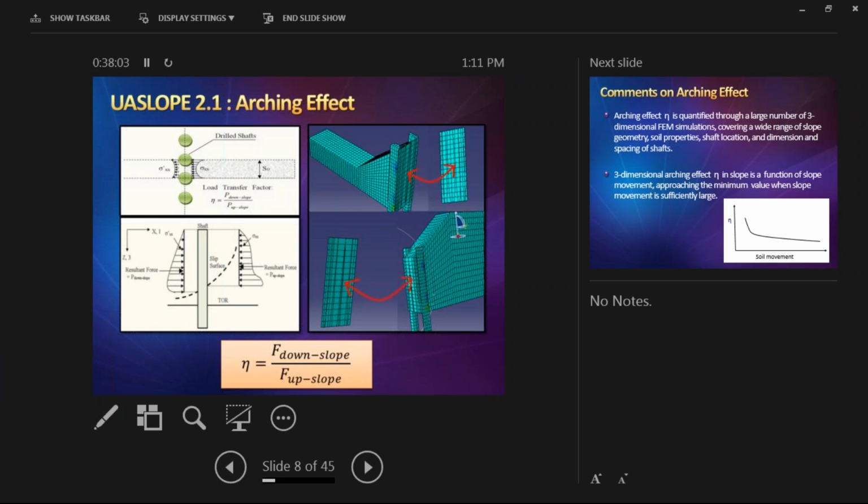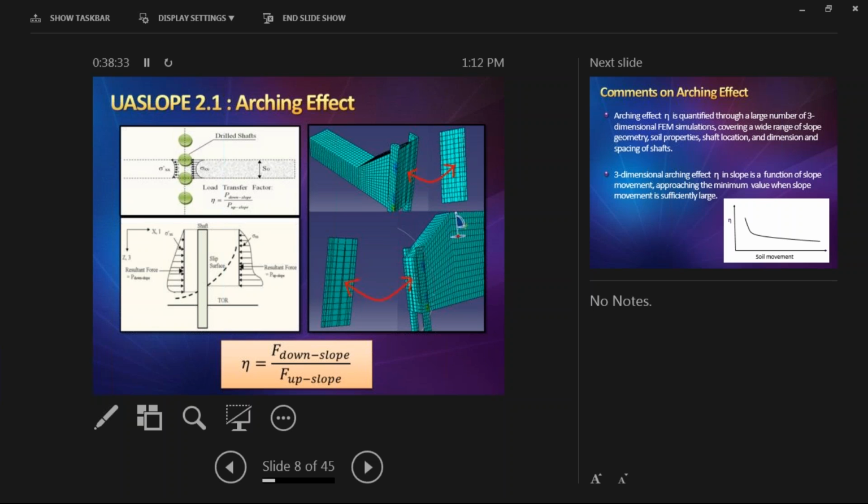And you can see we cut the vertical section right on the upslope side of the drill shaft. And on the lower right diagram, we also can look at the downslope vertical section on the drill shaft.